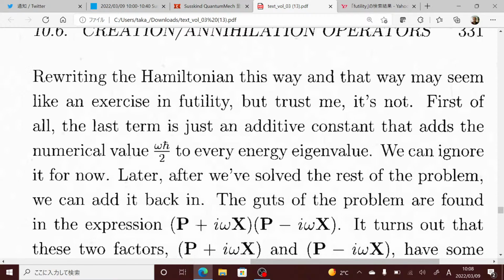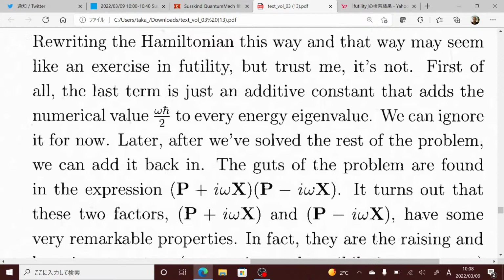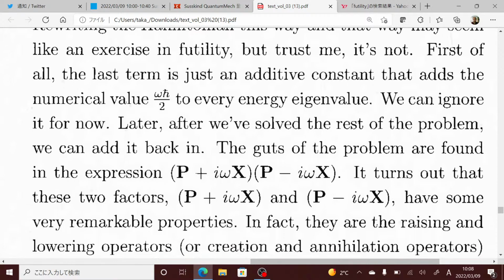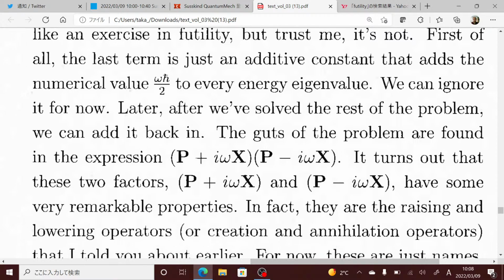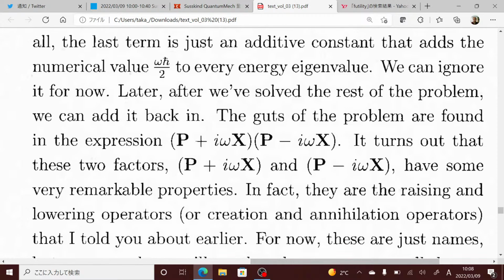First of all, the last term is just an additive constant that adds the numerical value omega h bar divided by 2 to every energy eigenvalue. We can ignore it for now. Later, after we've solved the rest of the problem, we can add it back in.